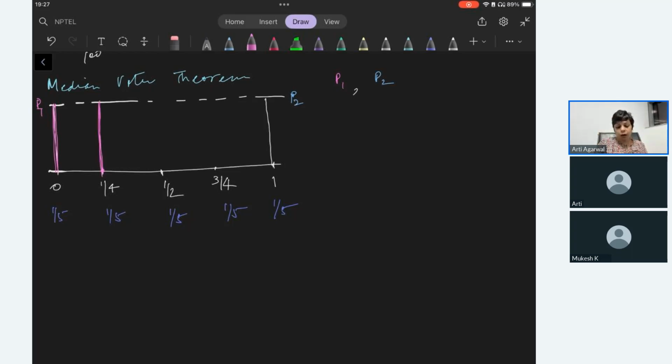Let's move to half. For people at this position, half, P1 and P2 are both equally close, and they're both within 0.5 of the policy position. So half of these people will vote for P1 and the other half will vote for P2.